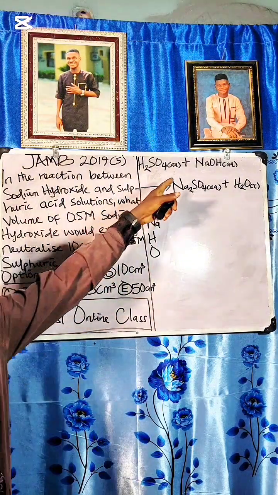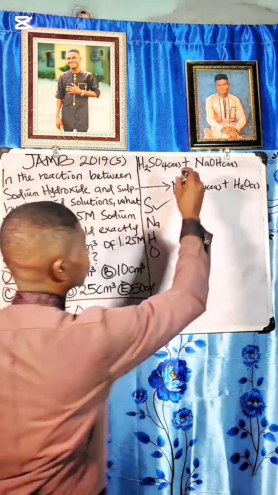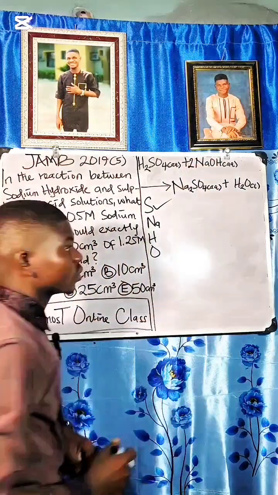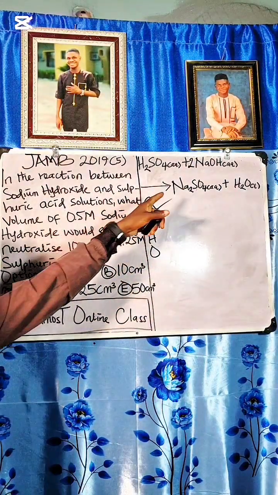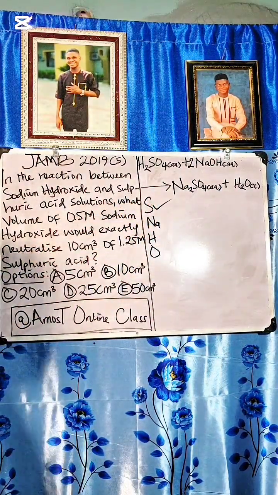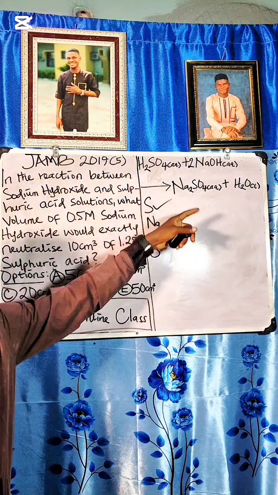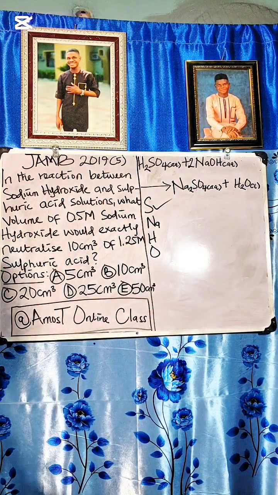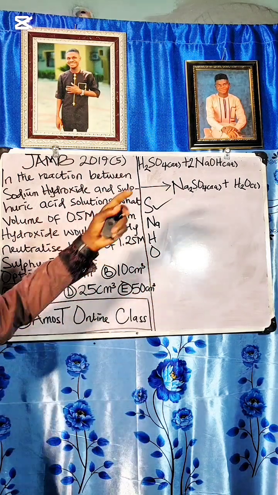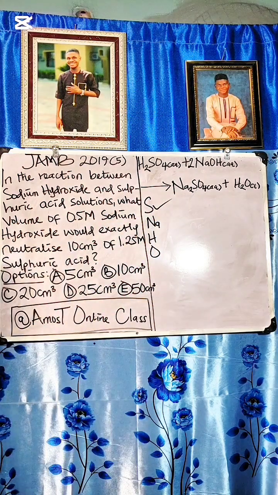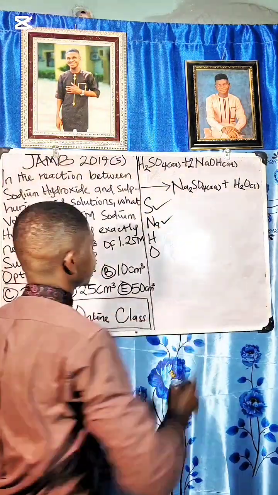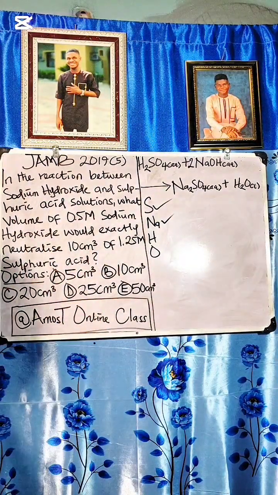We're going to introduce 2 in front of sodium hydroxide. So we now have two atoms of sodium in sodium hydroxide and two atoms of sodium in sodium sulfate. So sodium is balanced both from the reactant side and from the product side. We're done with that. So let's go to hydrogen.